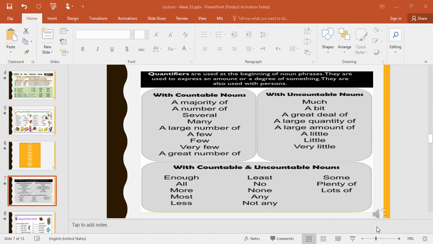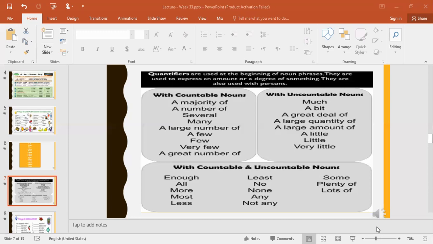Till now we have talked about countable and uncountable nouns, and this is the most important idea that you have to understand. This is the idea that allows you to understand the whole lesson, because the whole lesson is based on these two expressions, countable and uncountable. So we talked about the words that are used for countable nouns, words that are used for uncountable nouns, the differences between them, and so on.